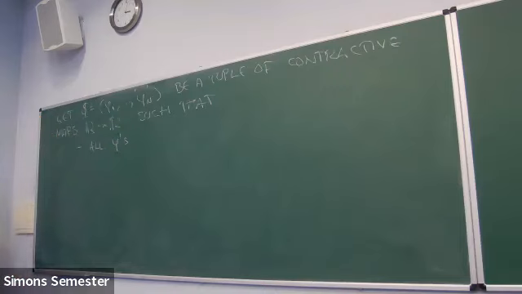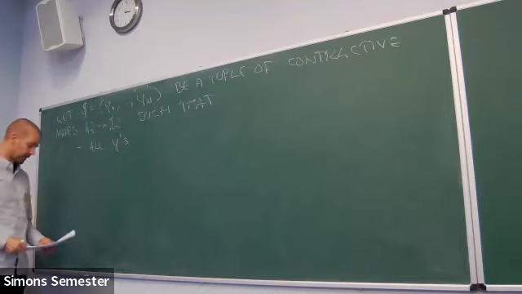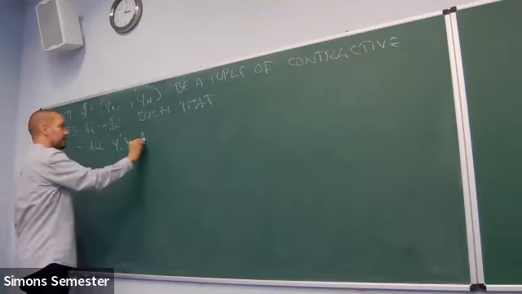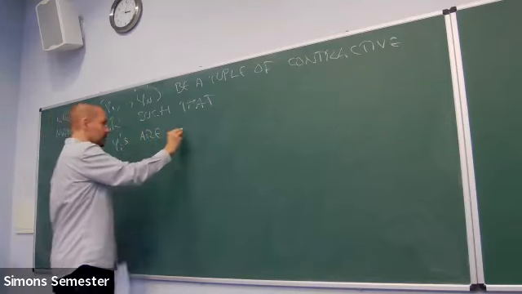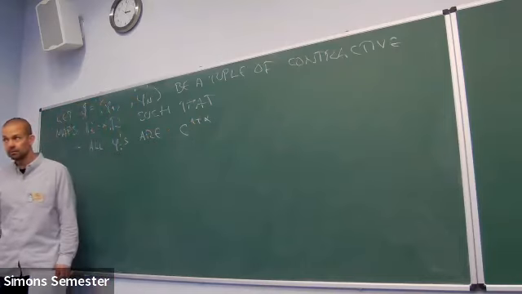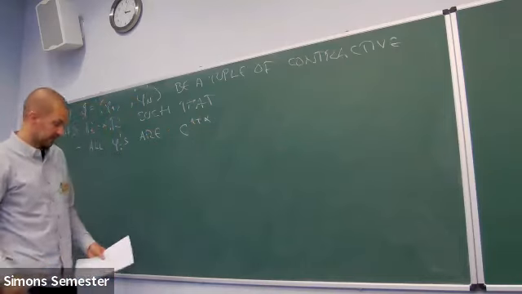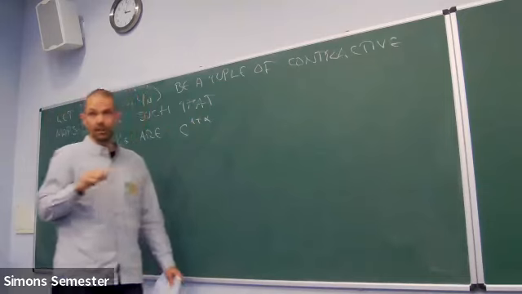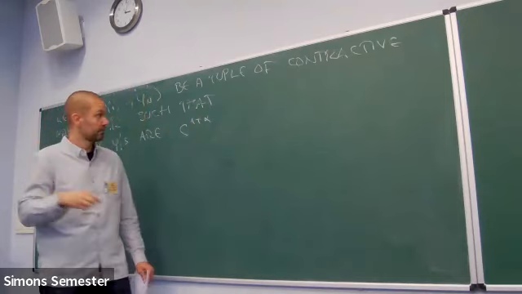First, all of these phi i's are C1 plus alpha, so that they are continuous, and they have alpha-Hölder continuous derivatives.